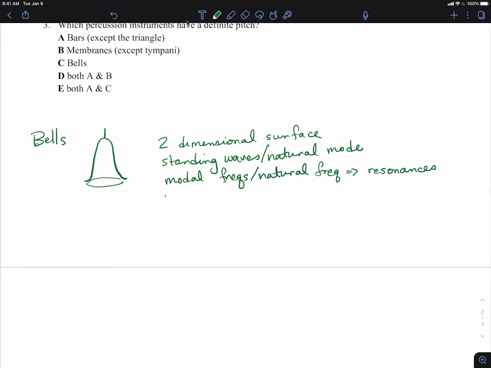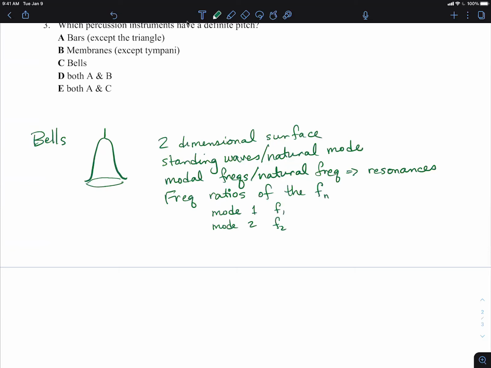But the frequency ratio, because of this very specific shape a bell has, so the frequency ratios of the mode frequencies, the FN, for mode 1, we'll just call that F1. Mode 2 then would be F2.